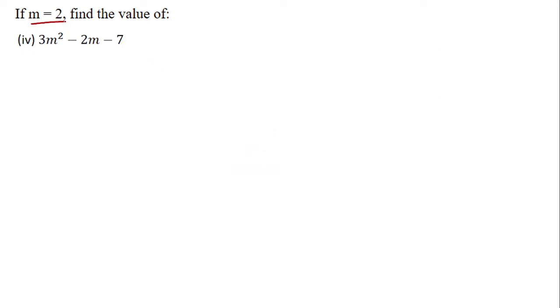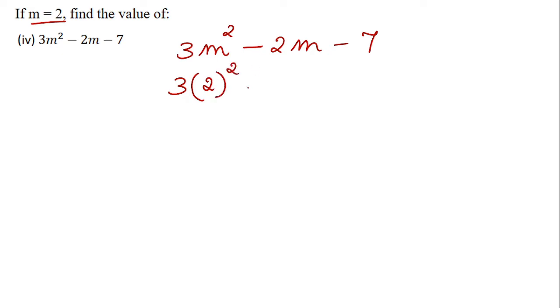If m is equal to 2, find the value of 3m square minus 2m minus 7. So 3 into what is m? 2, but here they have said m square. So 2 to the power 2 minus 2 into m is 2 minus 7.